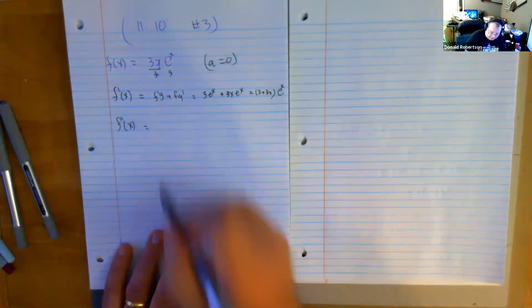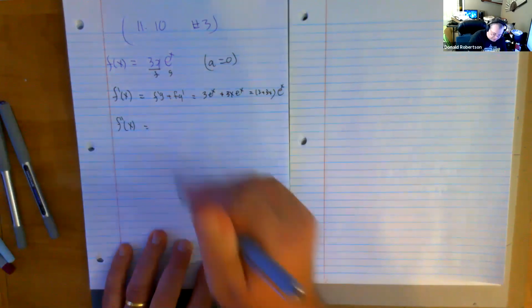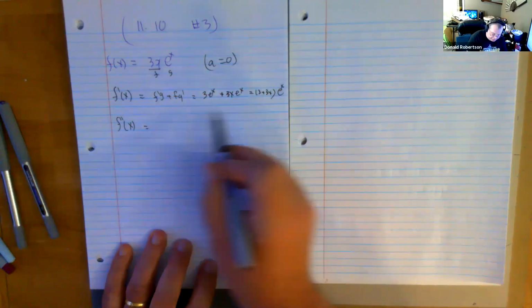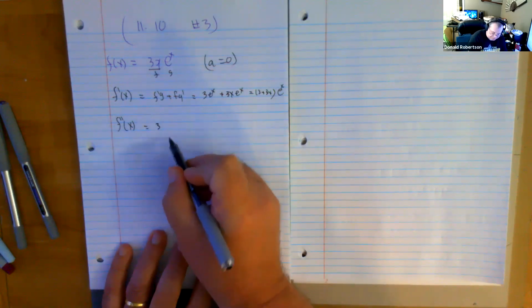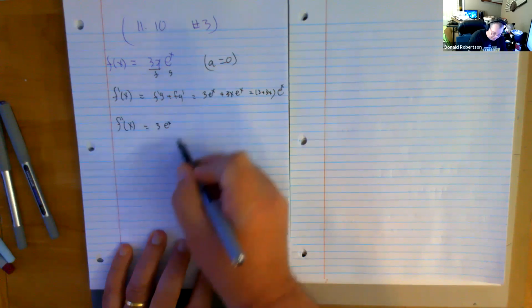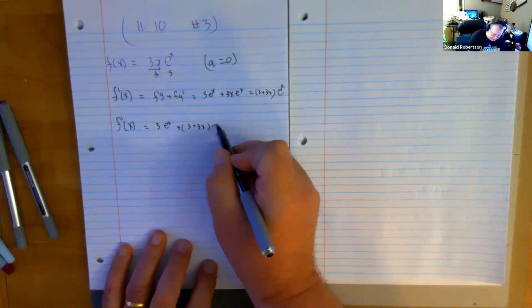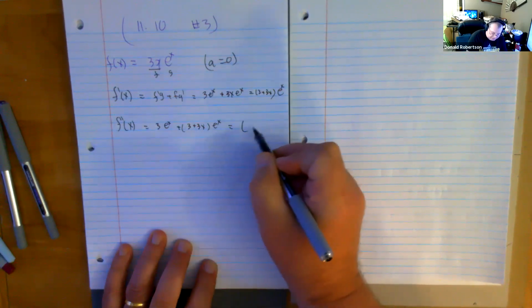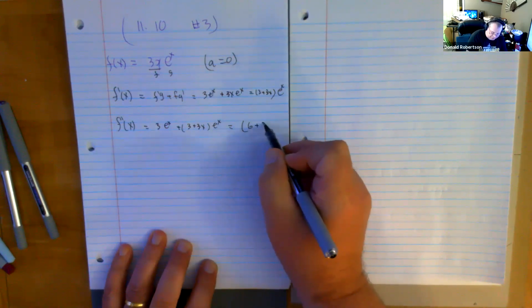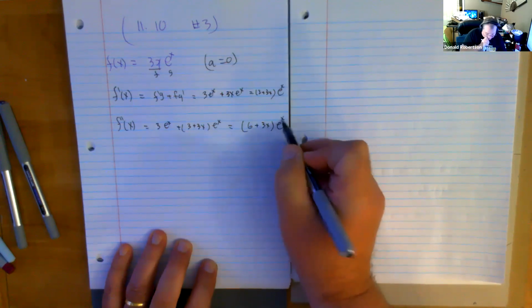Now, if I do the second derivative to this guy, I'm going to get f dash, which is 3 e to the x, plus 3 plus 3x e to the x, which gives me 6 plus 3x e to the x.